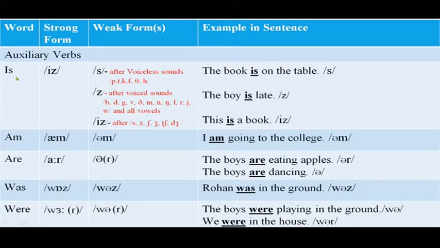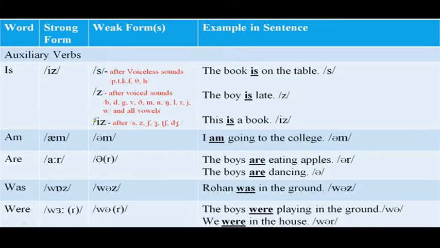Next we have auxiliary verbs, starting with is. Is is pronounced as s when it is placed after words that end with voiceless sounds p, t, k, f, th or h. Is is pronounced as z when it is placed after words that end with voiced sounds b, d, g, v, the, m, n, ng, l, r, y, w and all the 20 vowel sounds.